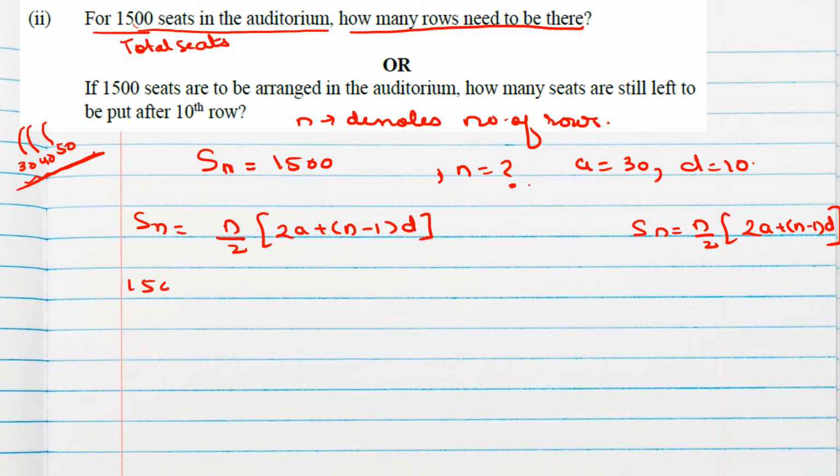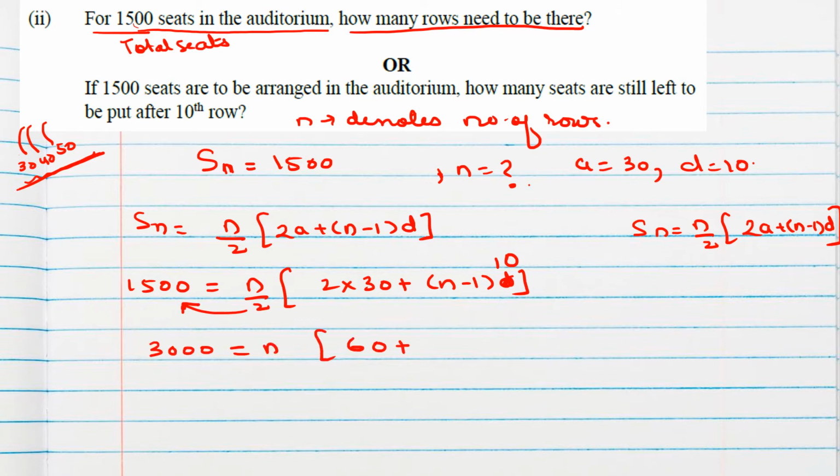So Sn means 1500, and we have 2 into 30 plus (n - 1) into d, and the d value is 10. So I can take 3000 here, and 60 with 10 I can open the bracket, 10n minus 10. So 60 minus 10 will give 50 plus 10n.